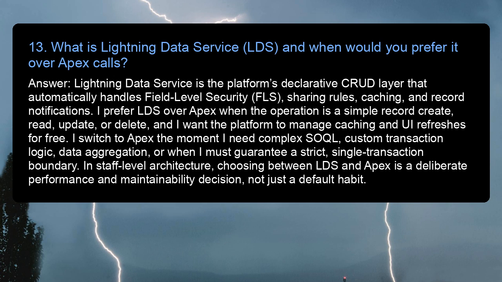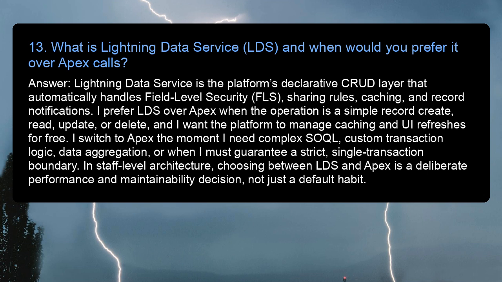13. What is Lightning Data Service, LDS, and when would you prefer it over Apex calls? Answer: Lightning Data Service is the platform's declarative CRUD layer that automatically handles field-level security, FLS, sharing rules, caching, and record notifications. I prefer LDS over Apex when the operation is a simple record create, read, update, or delete, and I want the platform to manage caching and UI refreshes for free.